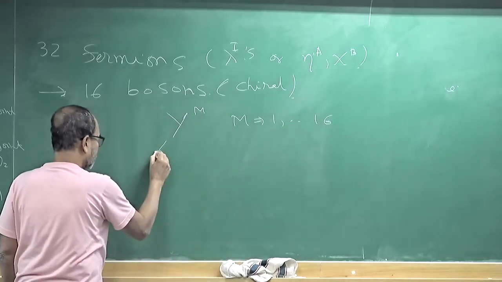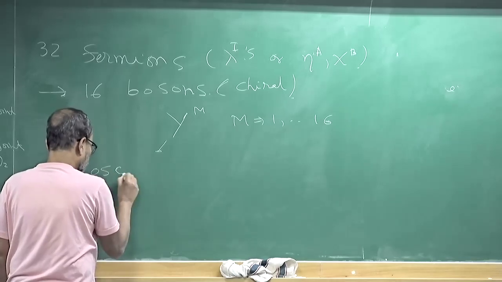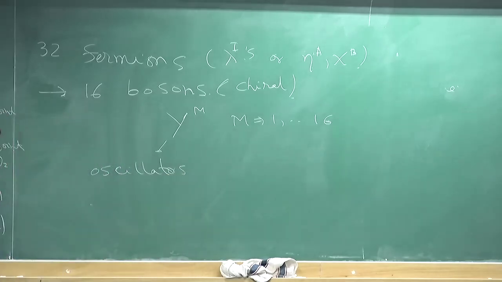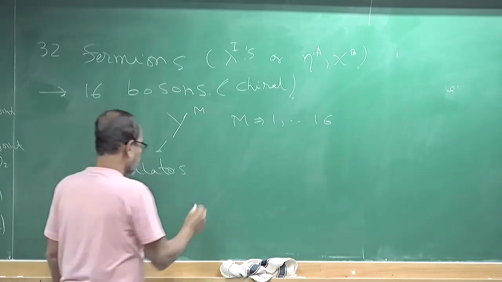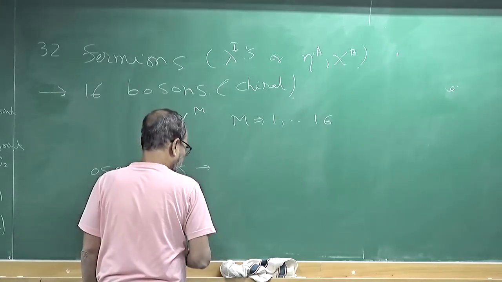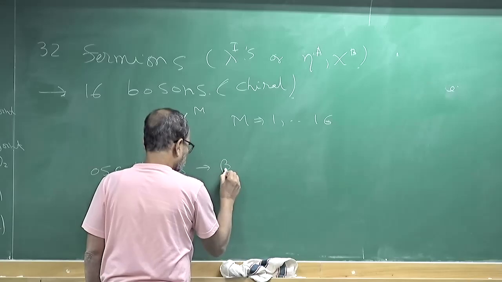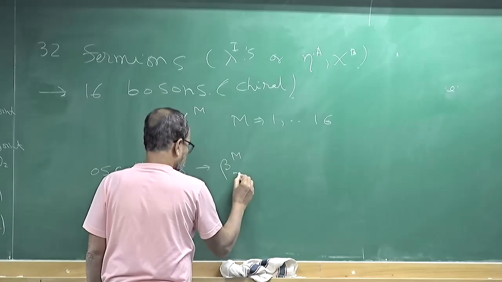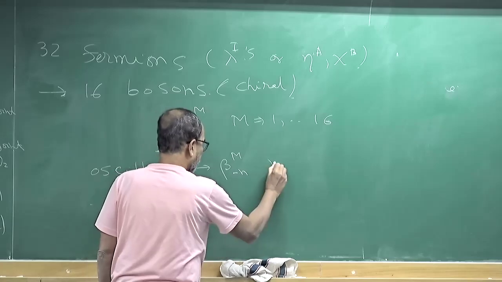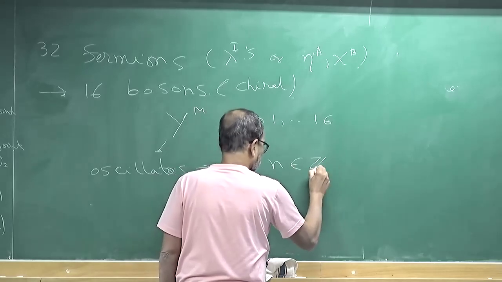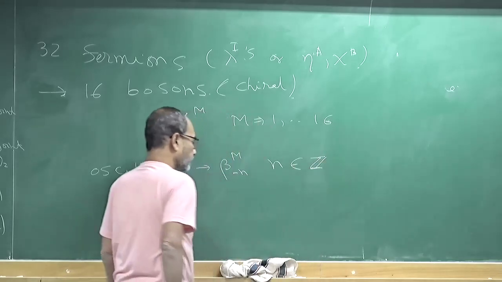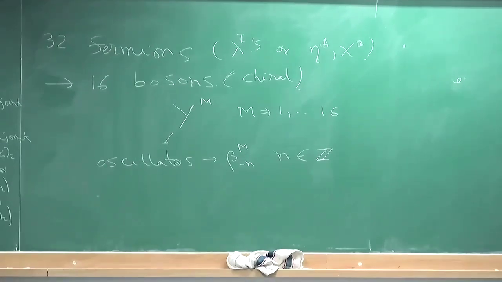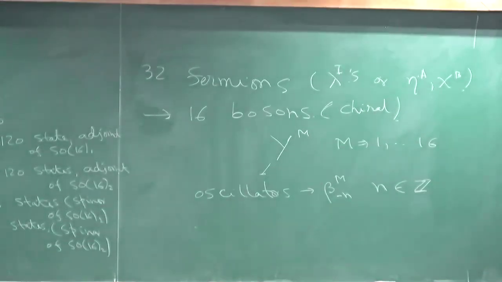It will have the oscillators, which I can denote by beta^M_{-n}, n belongs to integer. No GSO projection, no twisting, the normal bosonic oscillator.